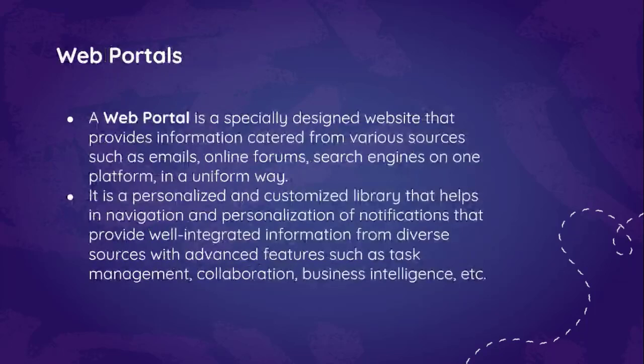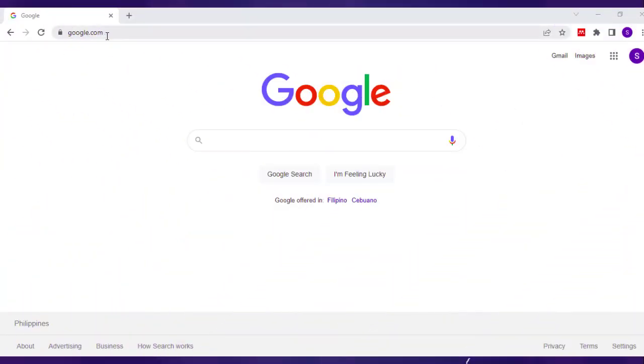So, web portals. A web portal is a specially designed website that provides information catered from various sources, such as emails, online forums, and search engines on one platform in a uniform way. That is a web portal. For example, have you seen the difference between a Yahoo page and Google? Diba sa google.com, it's like a plain search engine.